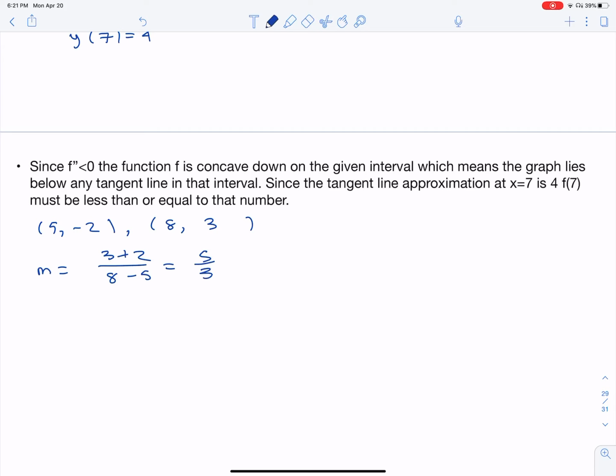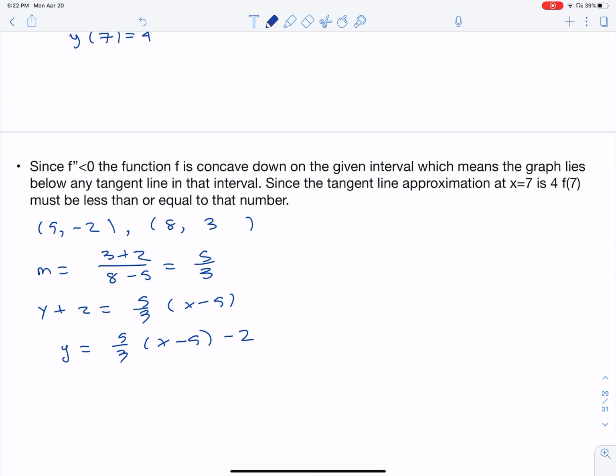Writing the equation of the line, I'm going to grab the first point. So y + 2 = 5/3 (x - 5), and solving for y, I get y = 5/3 (x - 5) - 2. Now, there's my secant line.